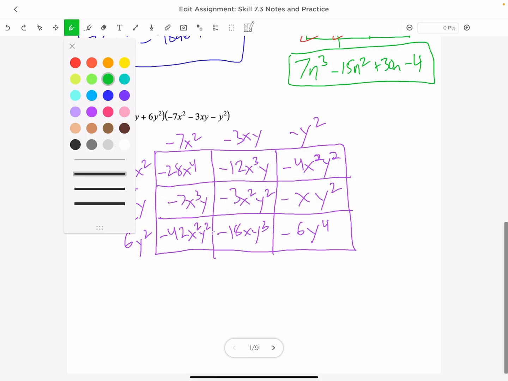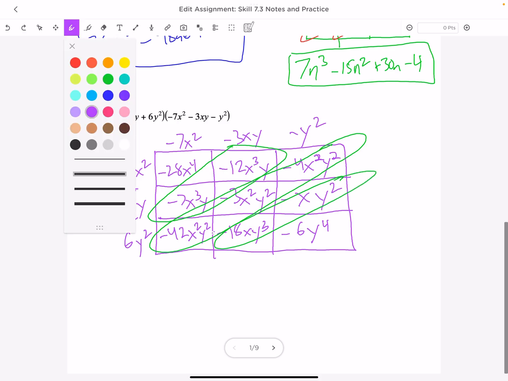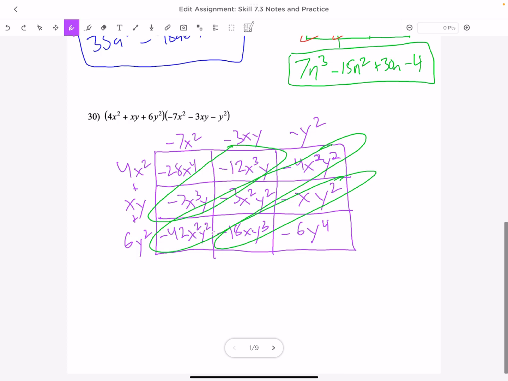So once we are combining like terms, remember we can often look diagonally. So these terms will be combined. These terms will be combined, and these terms. So when I do it, I of course get negative 28 x to the fourth, minus, and then 12 and 7 is 19 x to the third y.